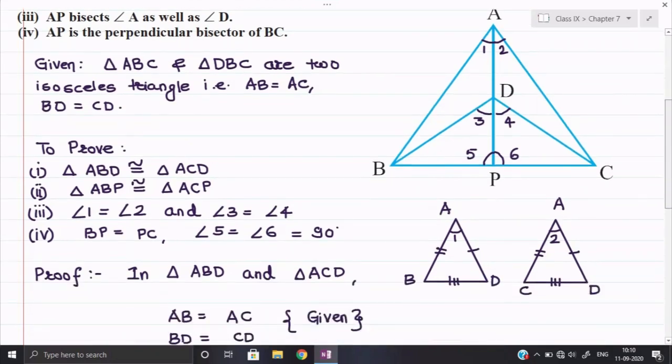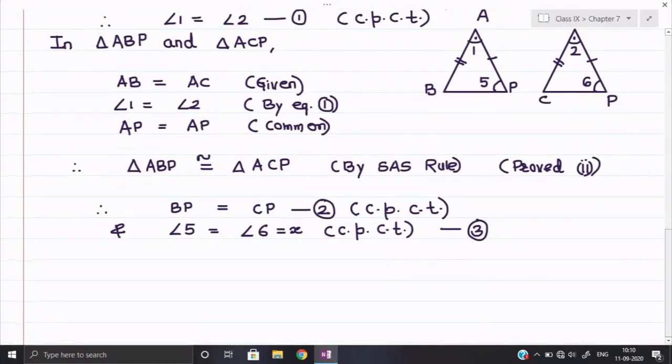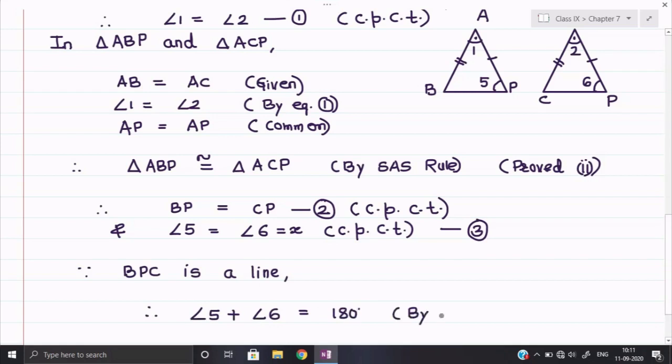Here we shall write down the further part: since BPC is a line, therefore angle 5 plus angle 6 will be equal to 180 degrees by linear pair. That is the reason we can give, linear pair.